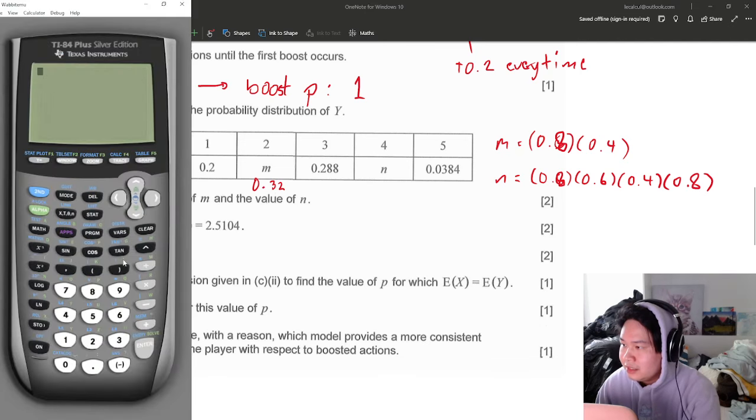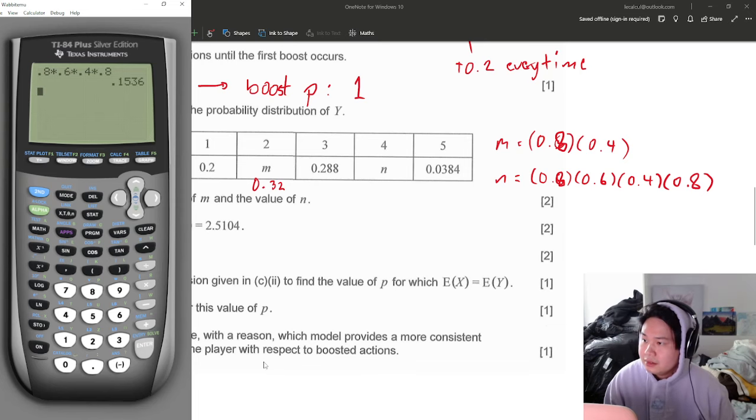And then I don't want to do the other one in my head, but let me just double check that this one I did right. Okay, so 0.8 times 0.6 times 0.4 times 0.8, 0.1536.